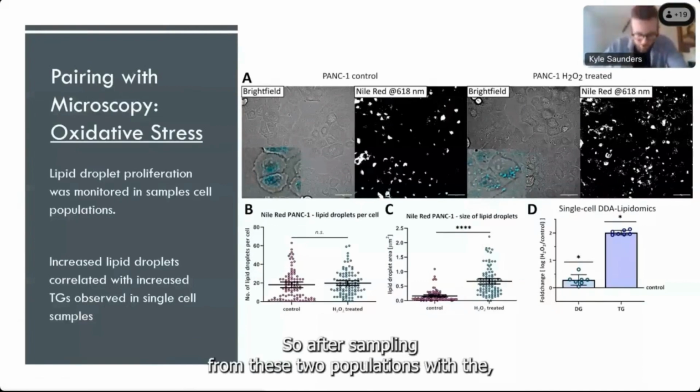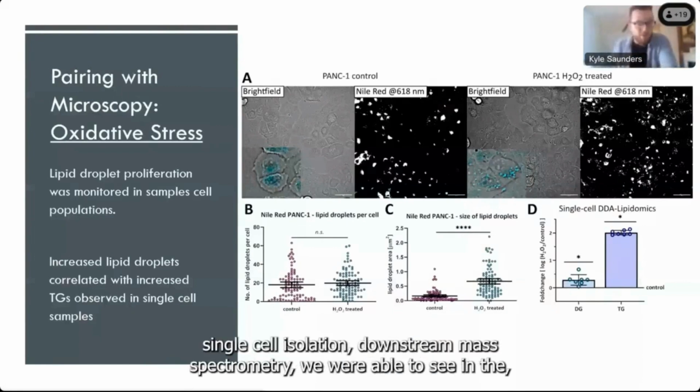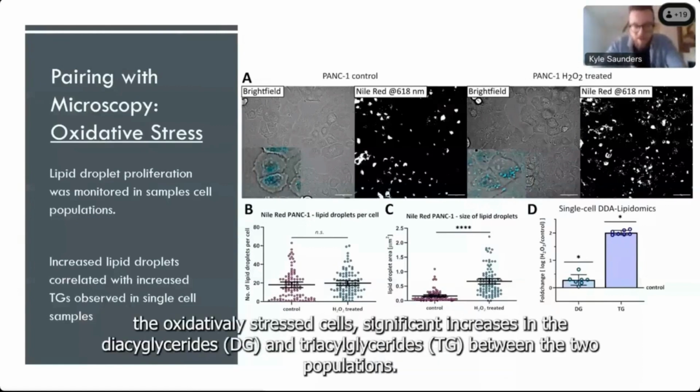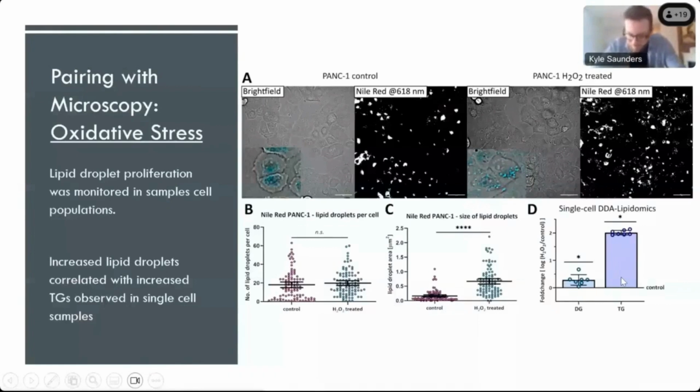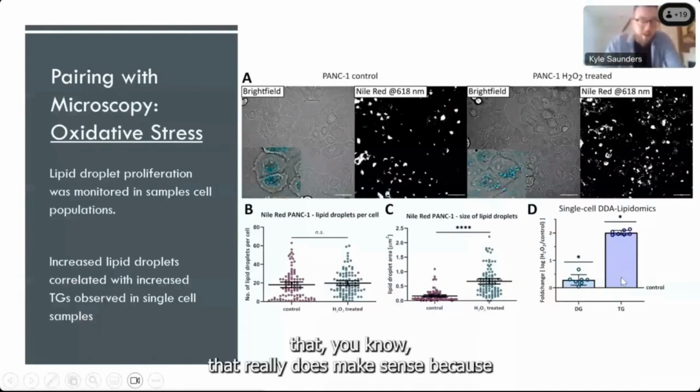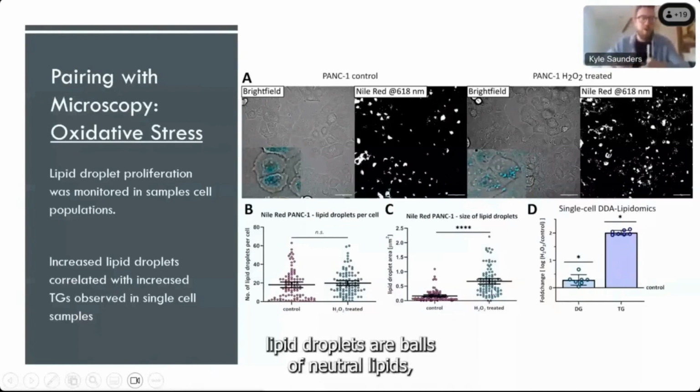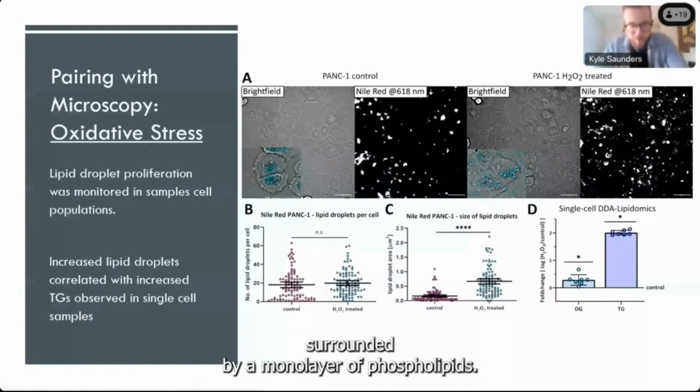So after sampling from these two populations with the single cell isolation and downstream mass spectrometry, we were able to see in the oxidatively stressed cells significant increases in the diacylglycerides and triacylglycerides between the two populations, and we saw a correlation with the increase in lipid droplet size. Now that really does make sense, because lipid droplets are cores of neutral lipids surrounded by a monolayer of phospholipids.